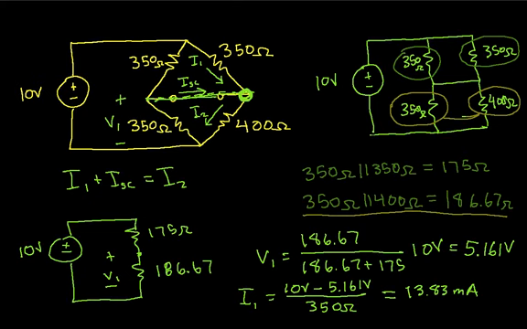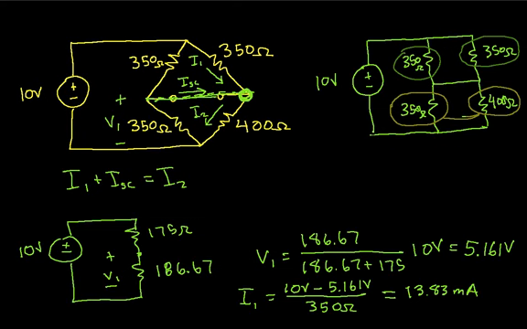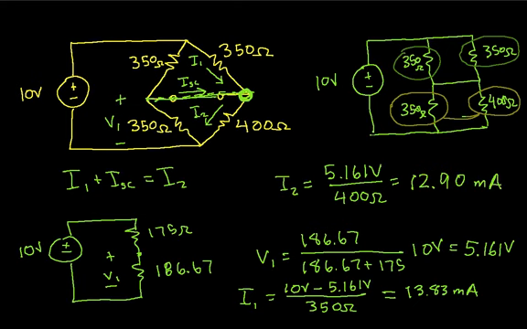And then I2 will be 5.161 volts over 400 ohms, which, when I compute this, gives me 12.90 milliamps.